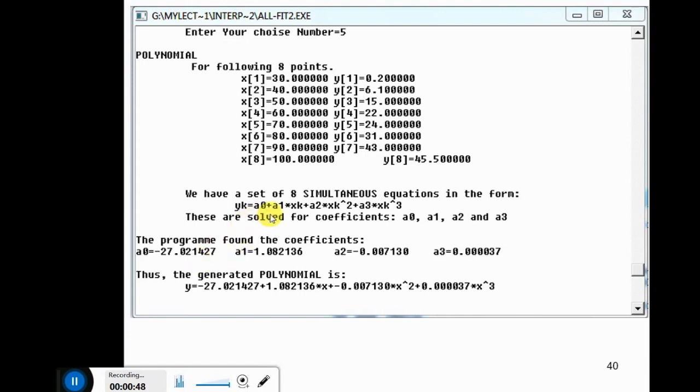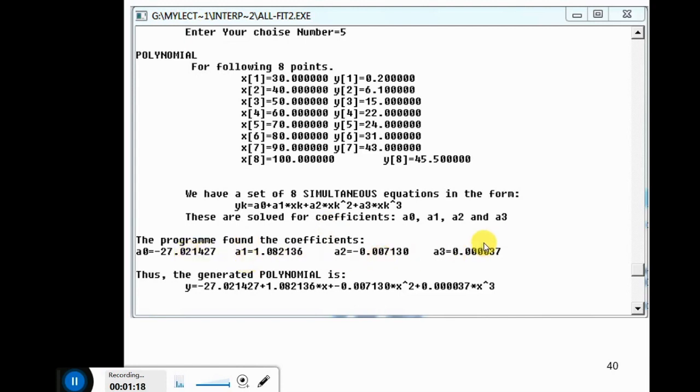So a0 plus a1 xk plus a2 xk to the power 2 plus a3 xk to the power 3. Here our objective is to find a0, a1, a2 and a3. We are using the same Cramer's formula, which I'll explain later on, to find this.